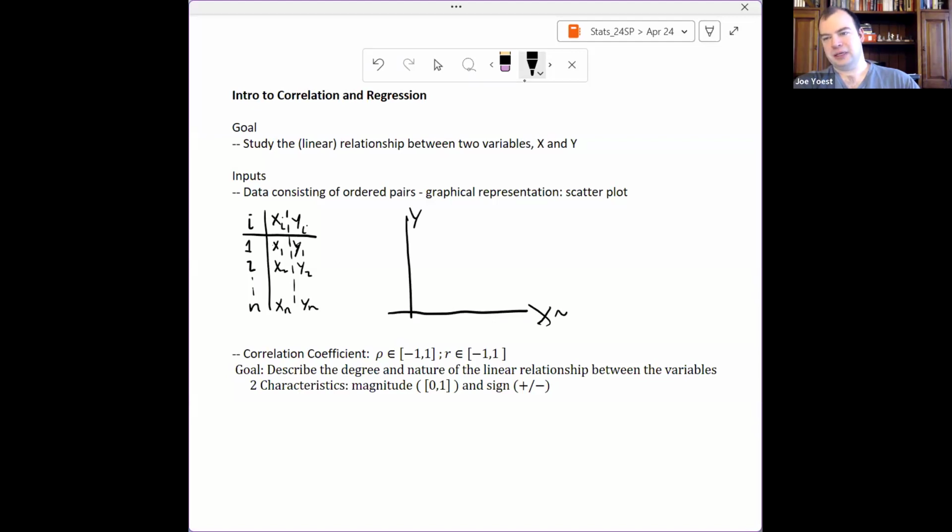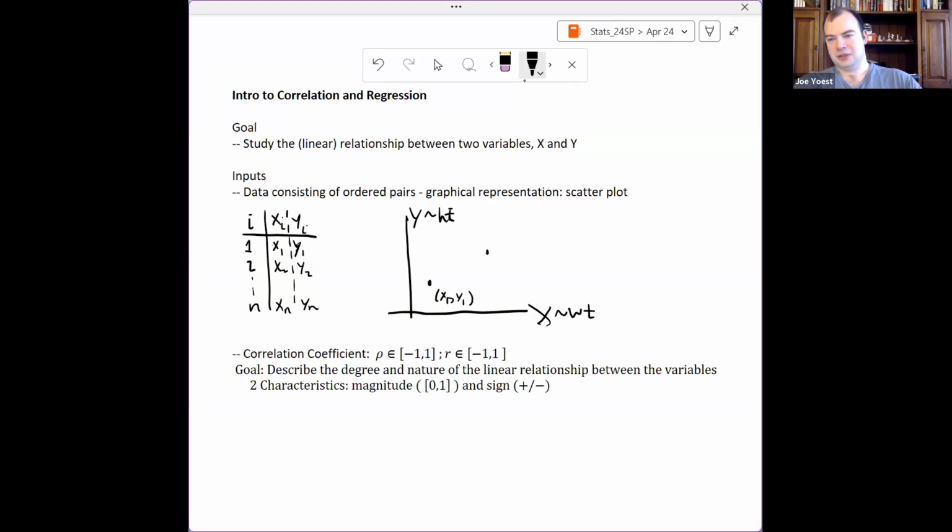A classic example might be the x variable being a person's weight and the y variable being their height. I would take person 1, measure their height and their weight, and write that down. Those both correspond to person 1. So maybe this is the point x1, y1. For person 2, I do the same thing.